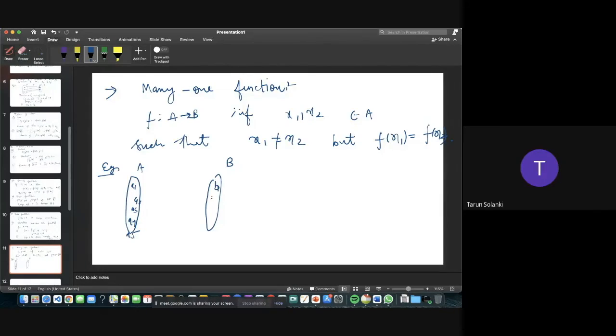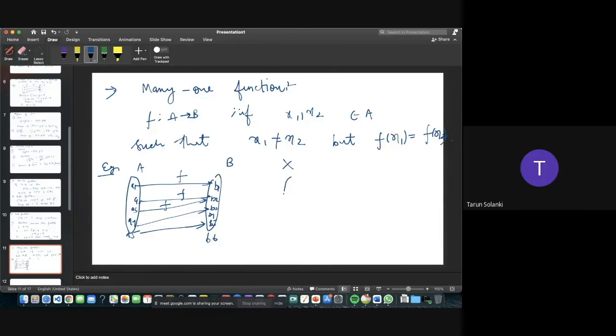Similarly, b1, b2, b3, b4, b5 until b6 is here. So a1 goes to b1, a2 goes to b2, a3 also goes to b2, a4 goes to b3 and a5 goes to b5, right?